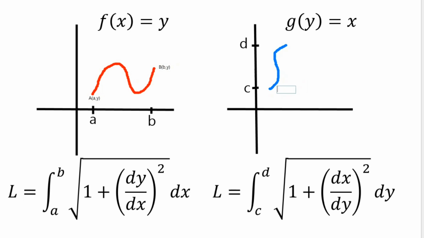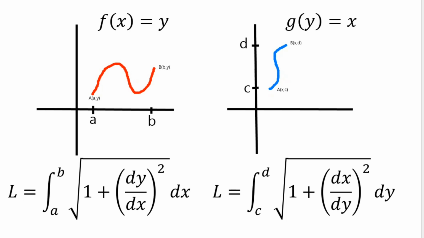Now let's call this x, some value at x, and then y to c, and then point B, just some value x. On this equation, that's the equation that we're going to use if we have a function of g of y.